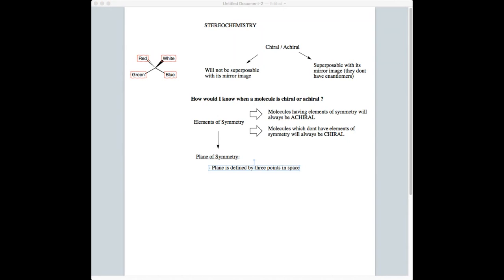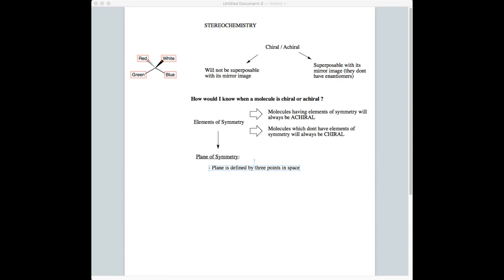This would be a plane right across here. Another plane could be this one here and this one here. This one here, the carbon in the center, and the white could be a plane right here. So you can have planes everywhere in the molecule as long as you define 3 atoms. Any 3 atoms, in this case carbon atoms, will define a plane. That's the first thing you need to know.